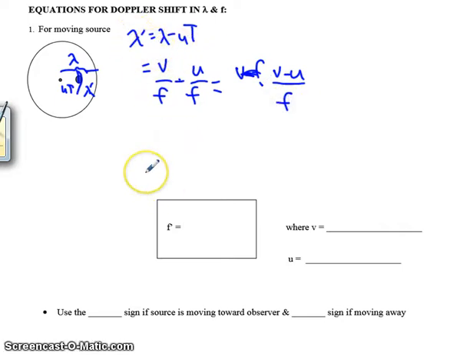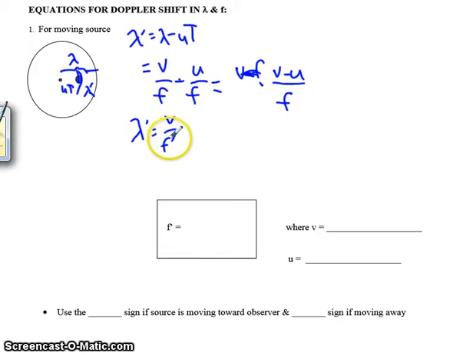Now if we take lambda prime and look at it in and of itself, that has to follow its own rules from the wave equation, and lambda prime would be equal to v divided by f prime, f prime being the observed frequency, the shifted frequency that we've been talking about.